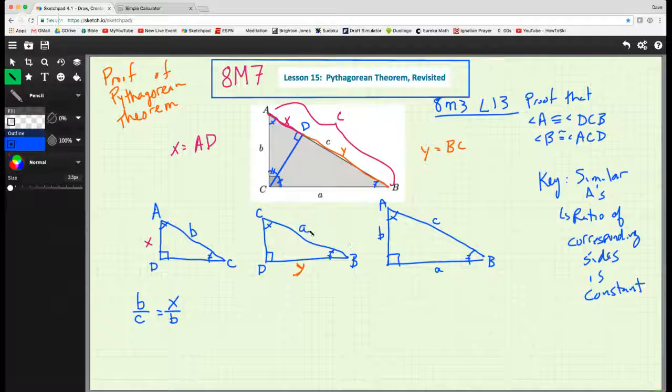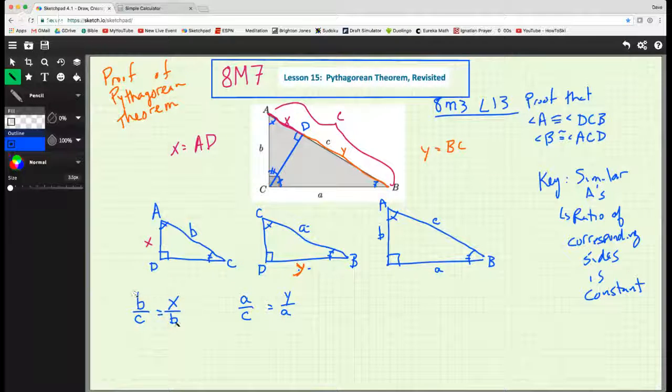I would say, well, A over C is equal to Y over A. This divided by this, the corresponding side, is equal to the ratio of these two corresponding sides. And this is where my whole proof comes together.